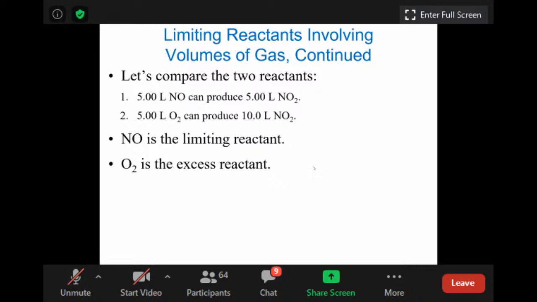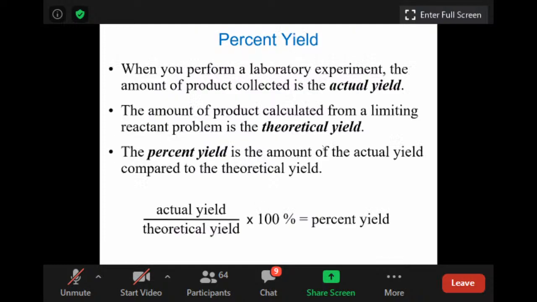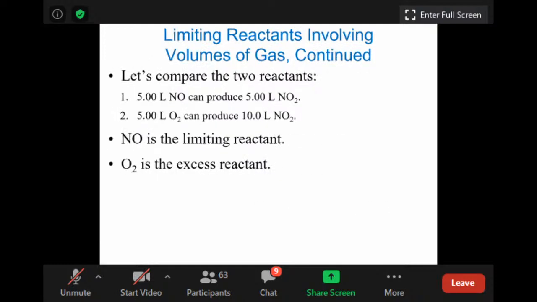The concept is the same. So the smaller one is the limiting reactant. The other one is in excess. Okay. Thank you.